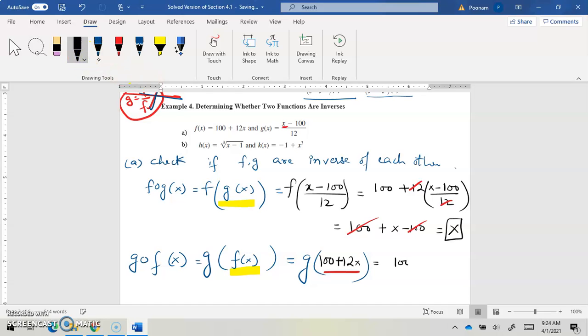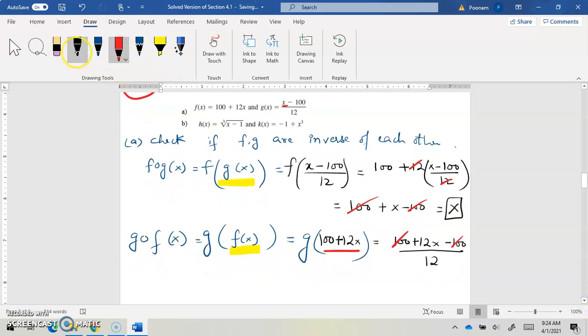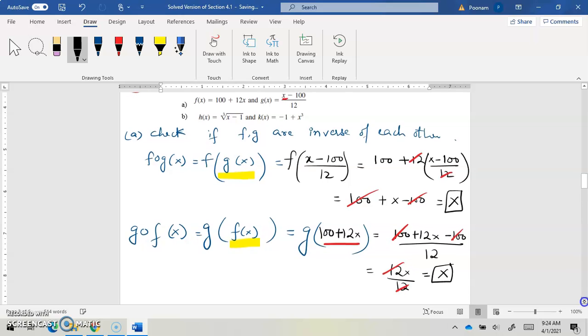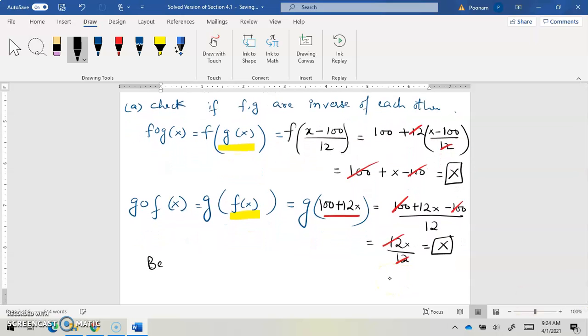So that would be (100 plus 12x minus 100) divided by 12. 100 can cancel. That would look to be equal to 12x by 12. 12 can cancel, which is equal to x. So that is what we were expecting. So we say because f of g of x is equal to x and also g of f of x is equal to x, f and g are inverse of each other.